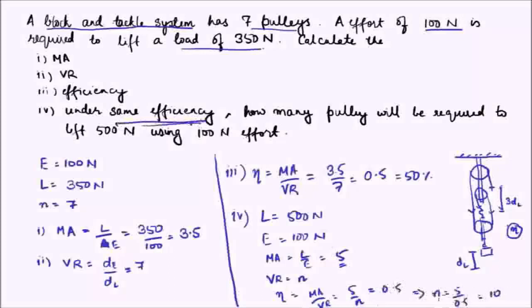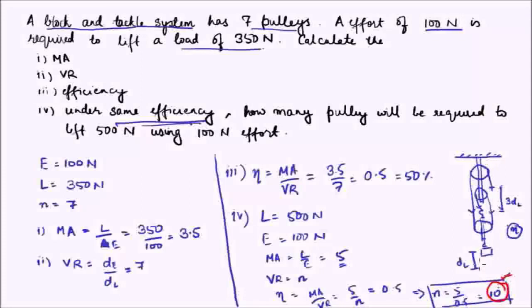Sorry, this has to be effort. Load upon effort, which turns out to be 5, and velocity ratio is equal to the number of pulleys, that is n.